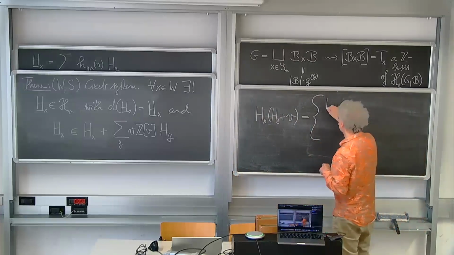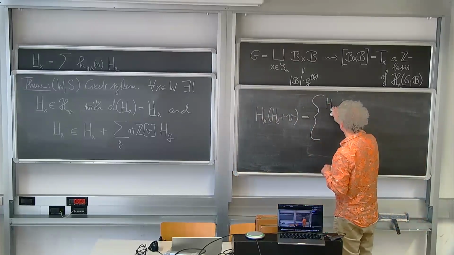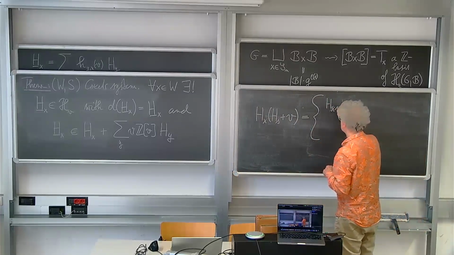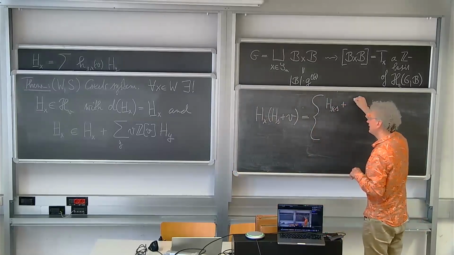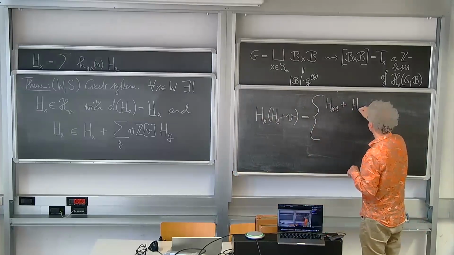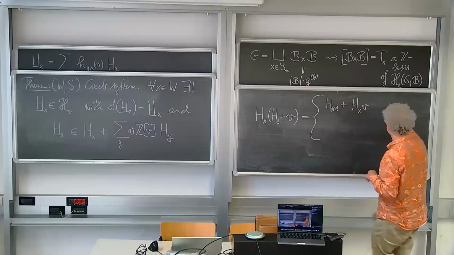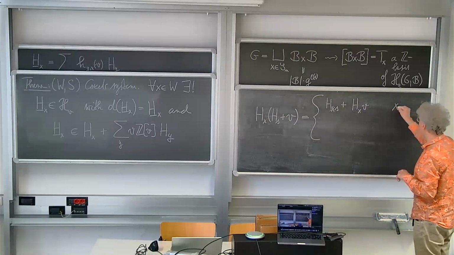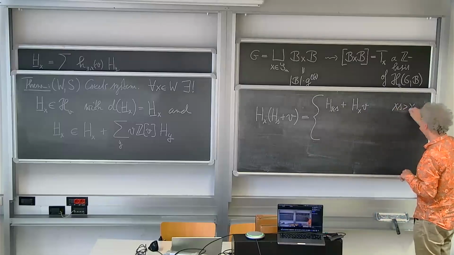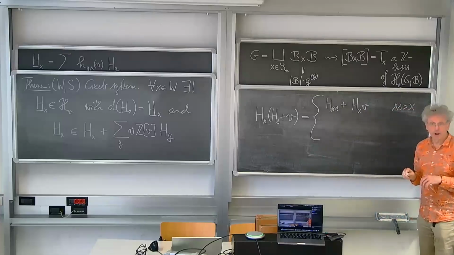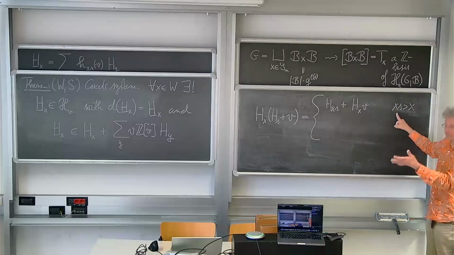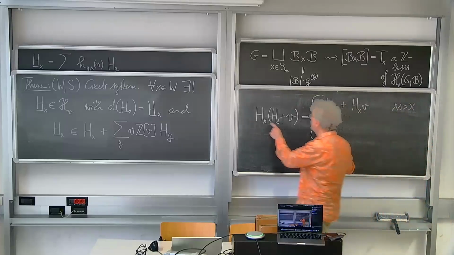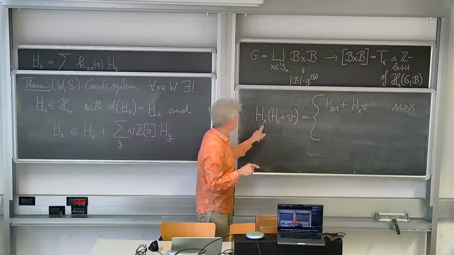Either I get h_{xs} plus a sum of h_y times v, this is if xs is bigger than x in the Bruhat order, that is, if the length goes up.